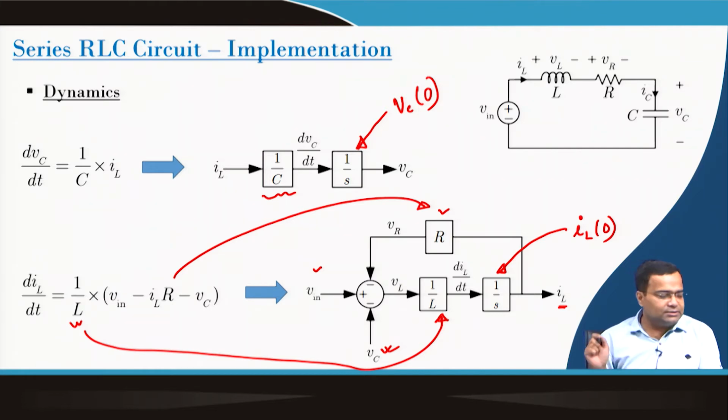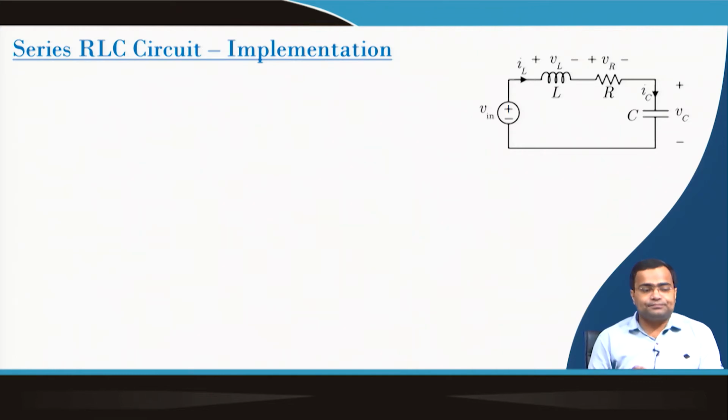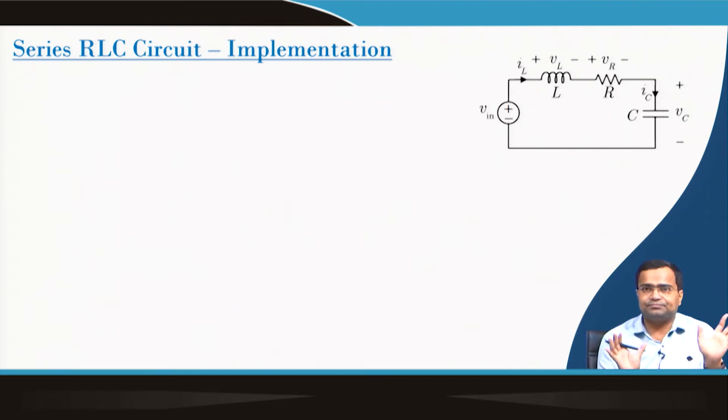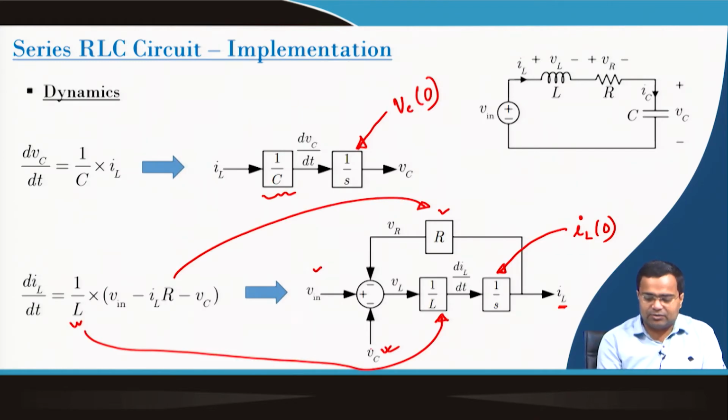All right. Next part, the series RLC circuit. Whatever we have shown is the implementation of two separate dynamics, dIL/dt and dVc/dt. We got IL and Vc. Once we got them, we have to replace Vc, which we are getting from here, and replace it here.